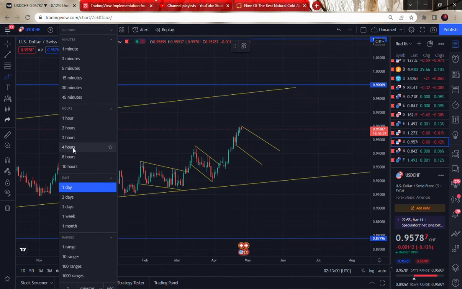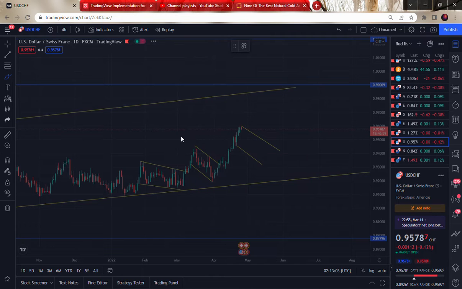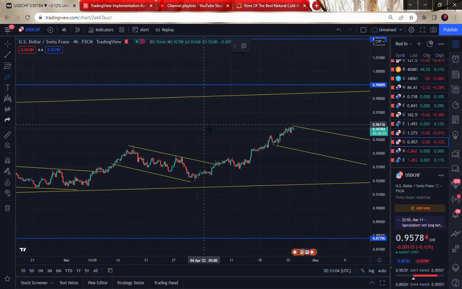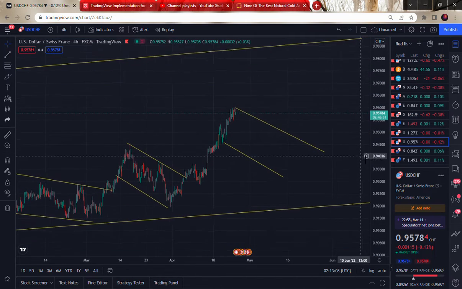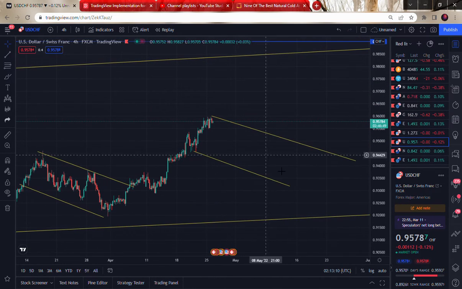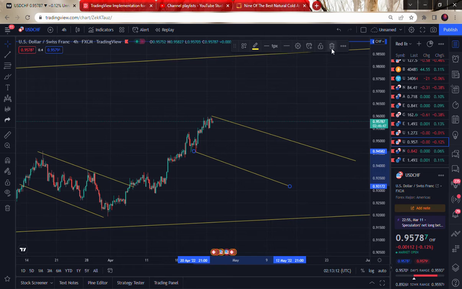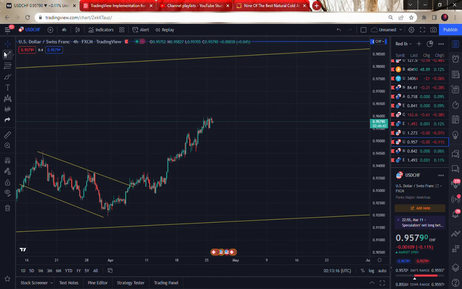So when you go to the 4-hour, there we are on the 4-hour. Let me just take this out. And then here on the 4-hour, let me try to find how this move came to be.